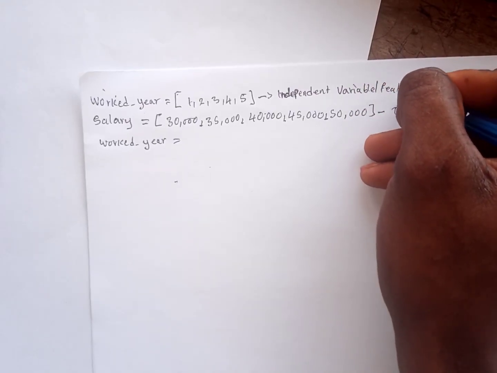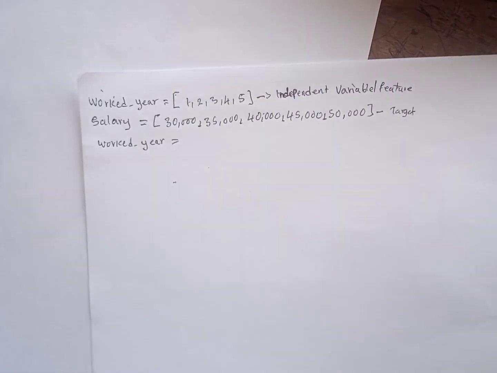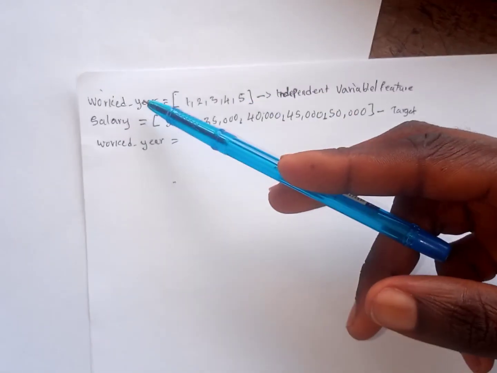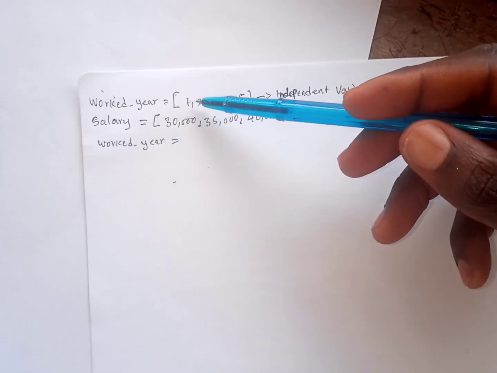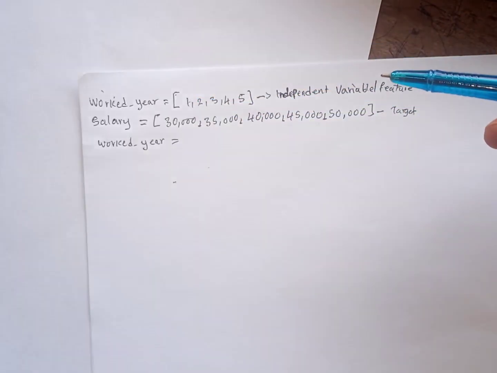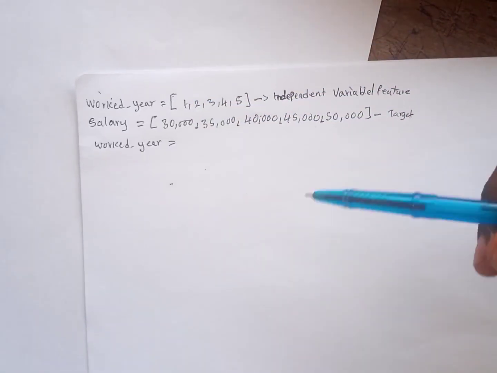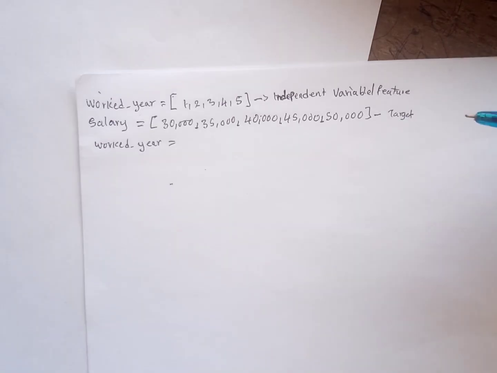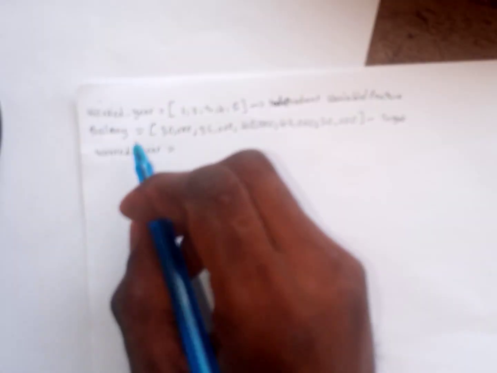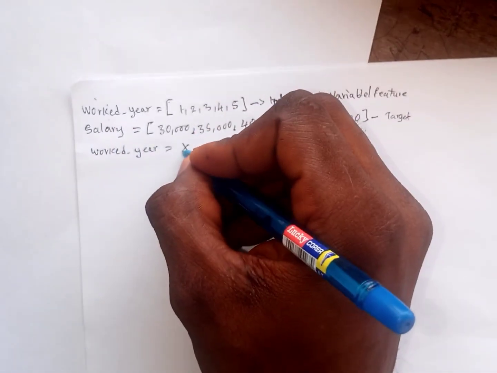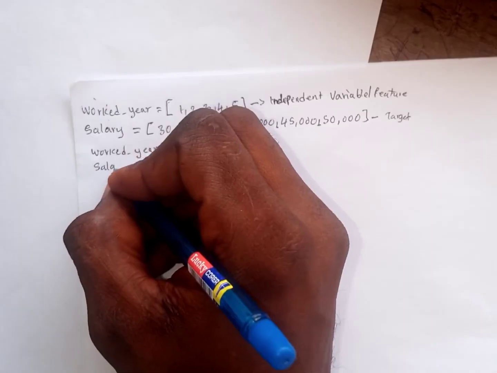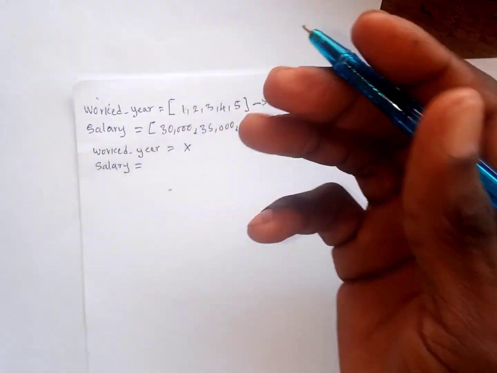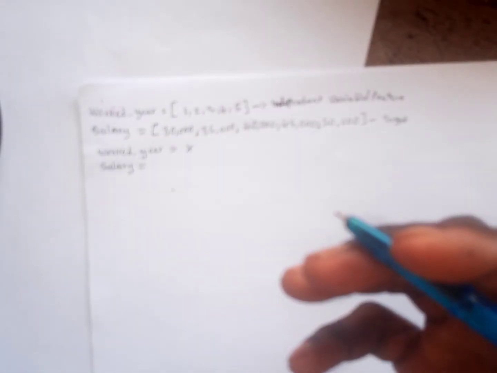The reason they're independent is that with the help of these variables, the features, we can map out to our target, which most of the time we assign the variable y. So if we assign worked year to be our x, and then our salary, which is our target, because when we look at the target, we are looking at what we're trying to predict, the result we want, by making use of other independent variables.